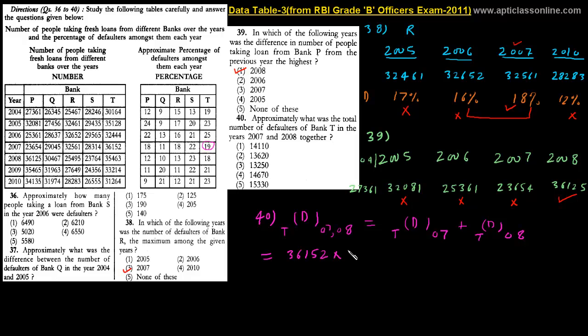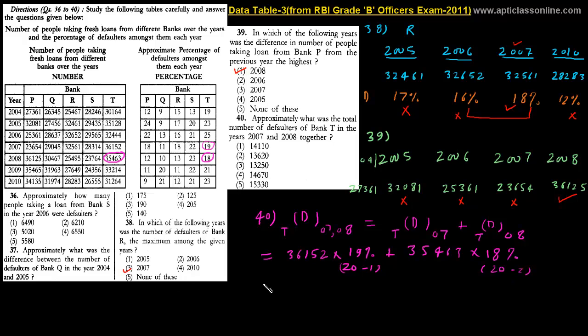If we write 19% of this, plus for 2008, 35463 into 18%. So 19% means 20 minus 1%, and 18% means 20 minus 2%.